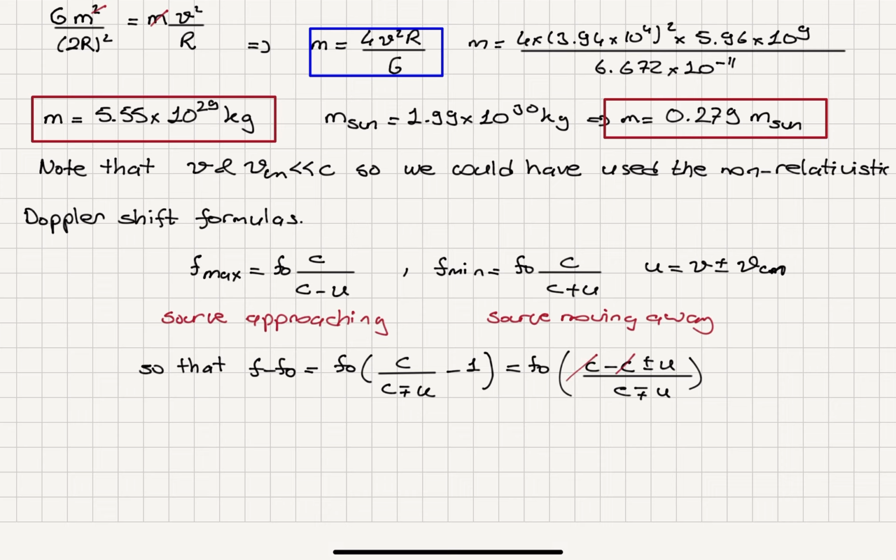And if the speed is much less than the speed of light, u is much less than the speed of light, this can be neglected as well compared to c, because u is much less than c. Then we would find an approximate expression for the frequency shift to be plus or minus f0 u divided by c.